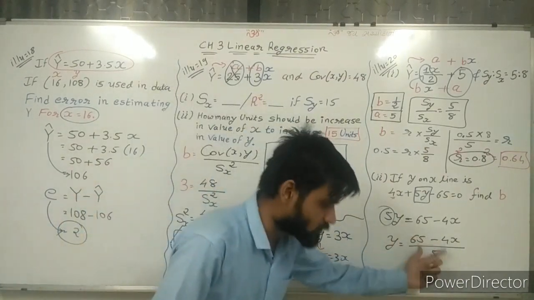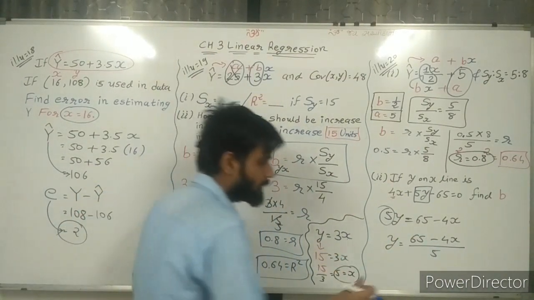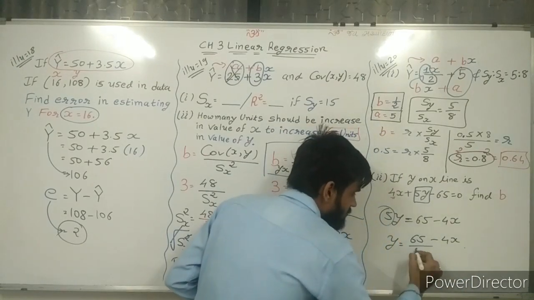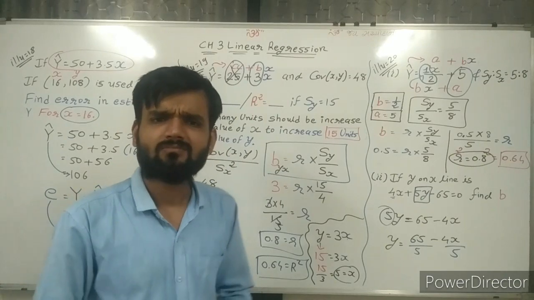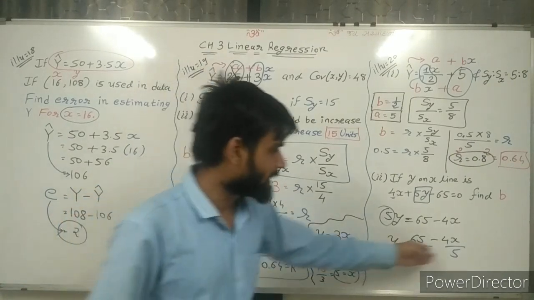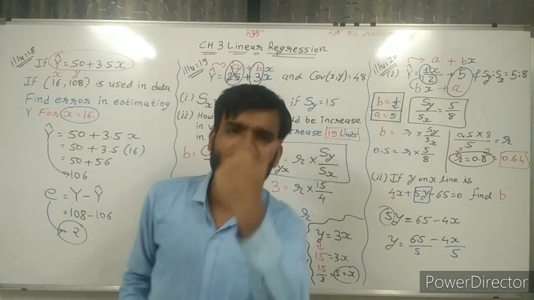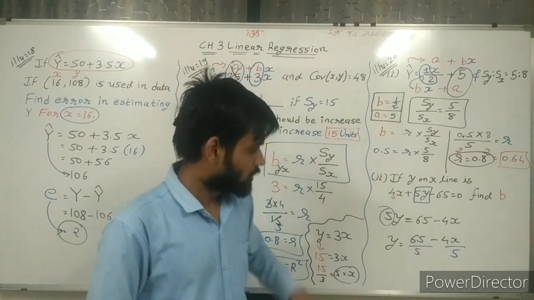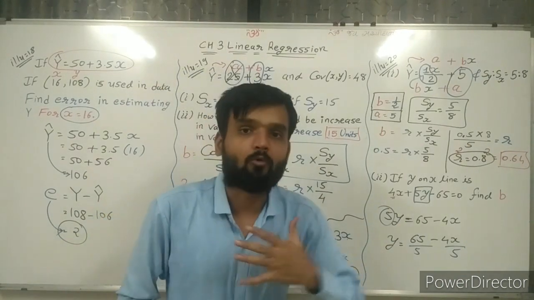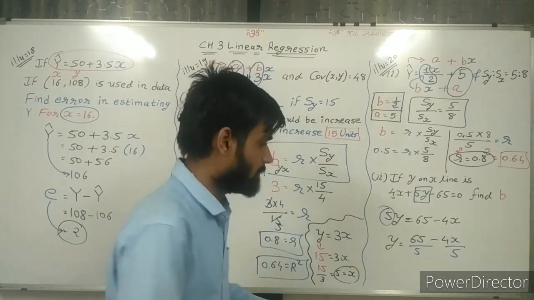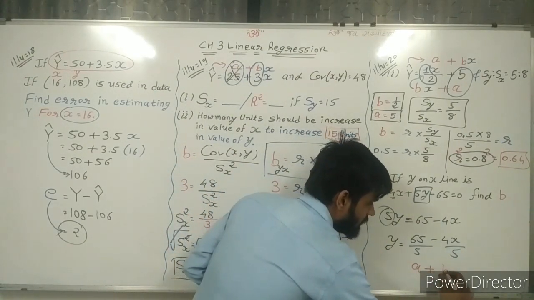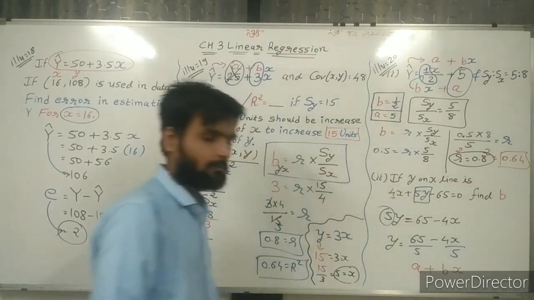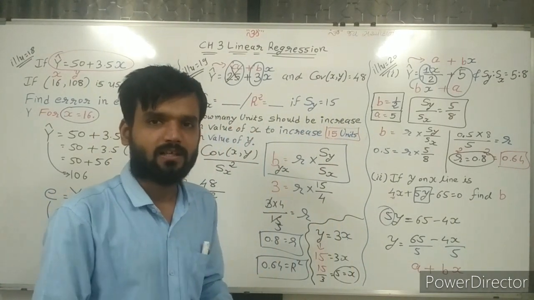Now you can write in this way also. 65 by 5, 4x by 5. Both are same. If you take the LCM, then common 5 you can write. So now what do I need, sir? Compare now with a plus bx.